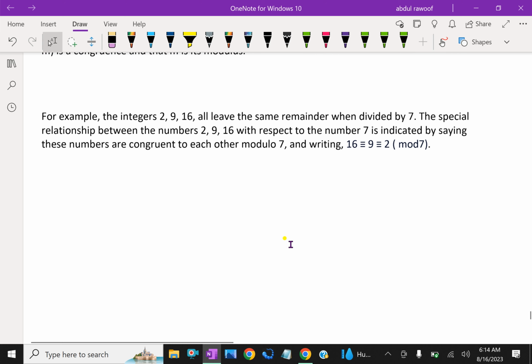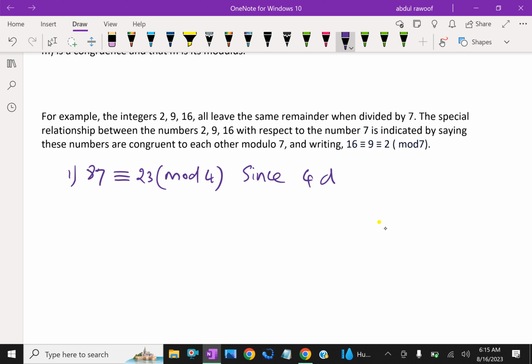For example, 87 is congruent to 23 mod 4, since 4 divides 87 minus 23, which is equal to 64.